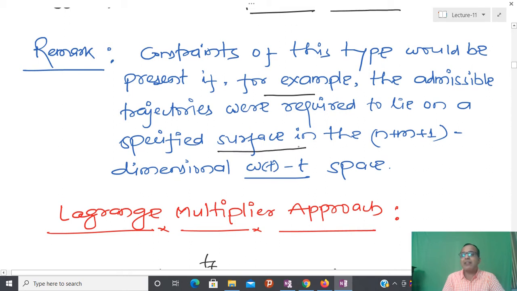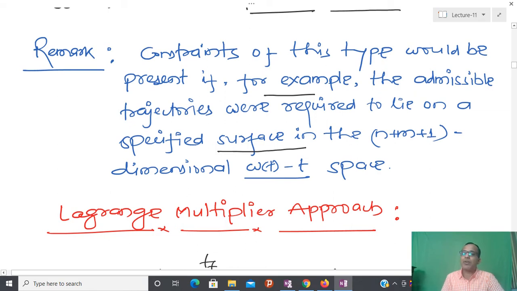I have written n plus m plus 1 because whenever we talk about a trajectory, the information of time is also involved, so the dimension of the surface is n plus m plus 1.